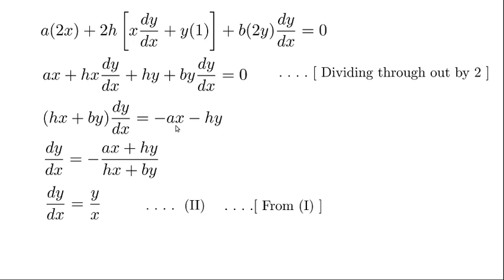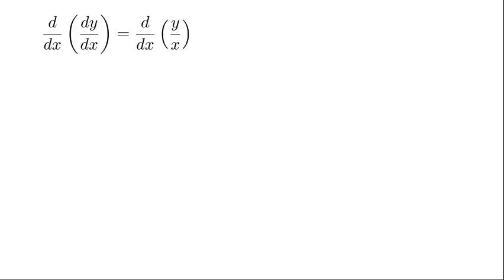And now differentiate this again with respect to x. And in the right hand side we use quotient rule. The functions are very simple. d by dx of dy by dx equal to d by dx of y by x. Therefore d square y by dx square equal to (x into dy by dx minus y into derivative of x, which is 1) upon x square.